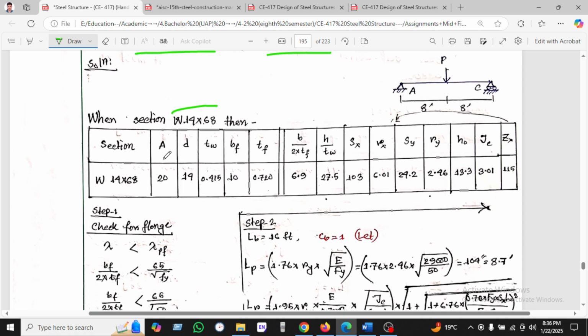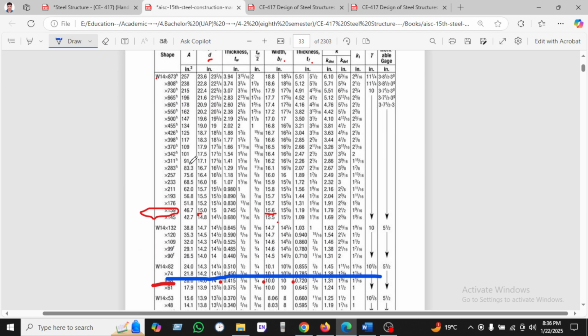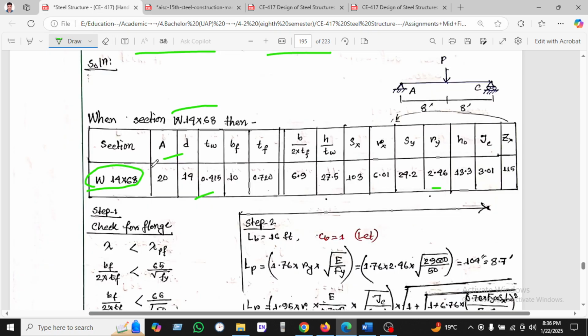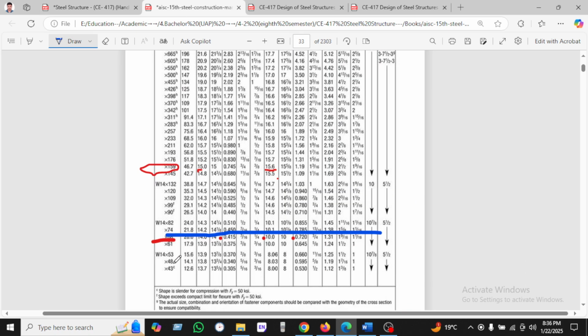If we select it, then we can get all this member information. As we know the section capacity, then we can use all this information, W14x68.